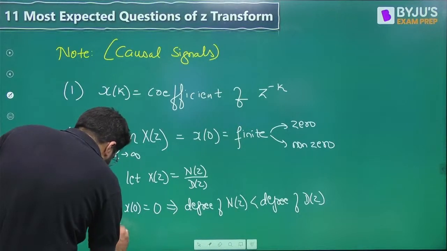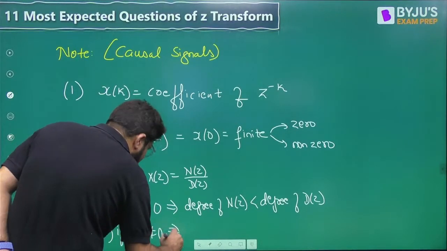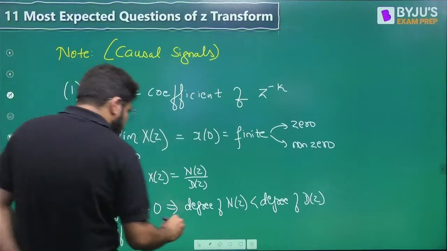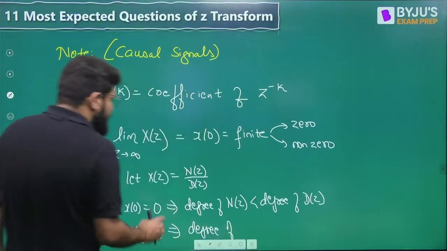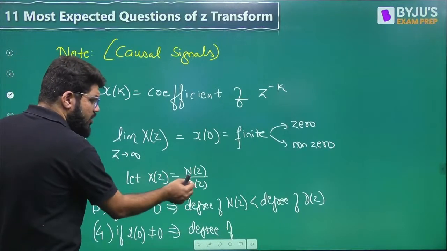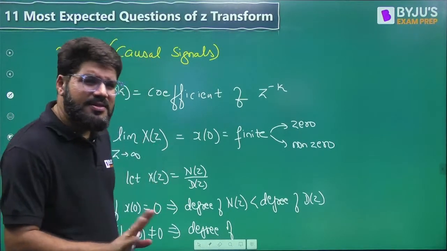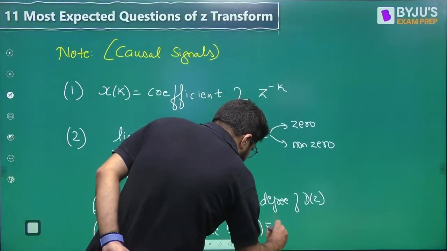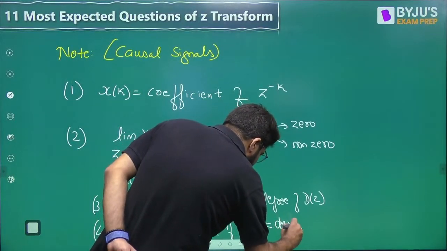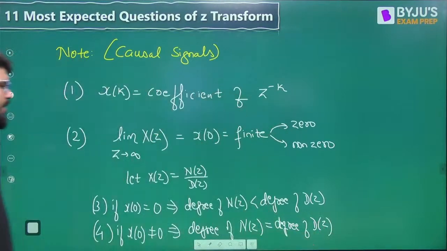Fourth point: if x0 is a non-zero finite value, then limit z tending to infinity of N(z) upon D(z) is finite if both the degrees are equal. We can solve it by calculus, but I'm just giving you the result. The degree of the numerator will be equal to the degree of the denominator.